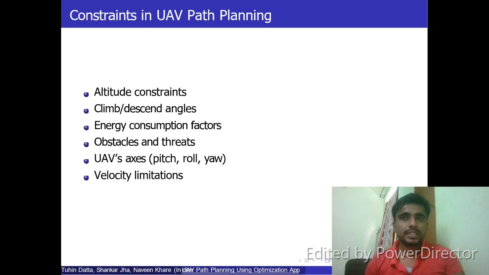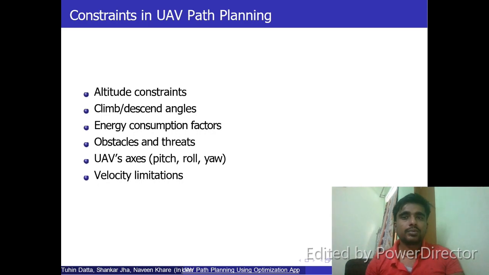Energy consumption, measured in watts, depends on travel time, distance, altitude, and environment characteristics. Obstacles and threats include static objects like buildings, dynamic elements like moving vehicles, and hostile entities like radars. The UAV must assess each threat, and they must be accounted for in three-dimensional flight planning. Finally, velocity affects both fuel consumption and safety, requiring careful optimization to preserve energy while maintaining operational efficiency.